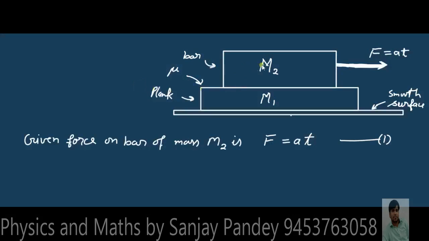In this figure, a bar of mass m2 is placed over a plank of mass m1. The coefficient of friction between bar and plank is mu. The lower surface is perfectly smooth. A time dependent force F = At is acting on this bar as shown in this diagram.